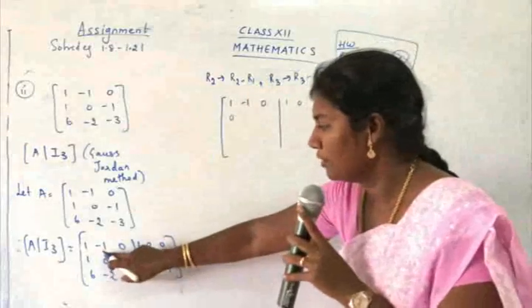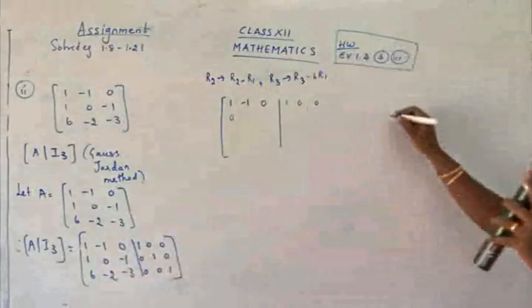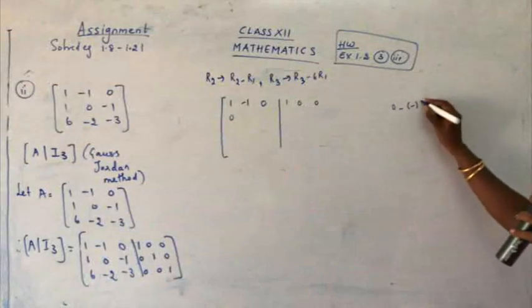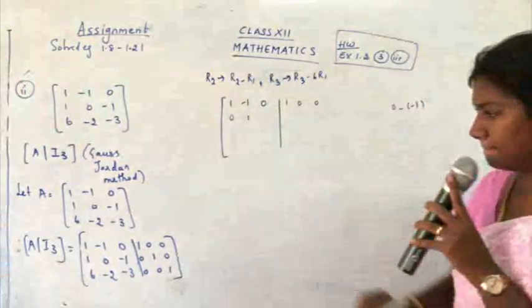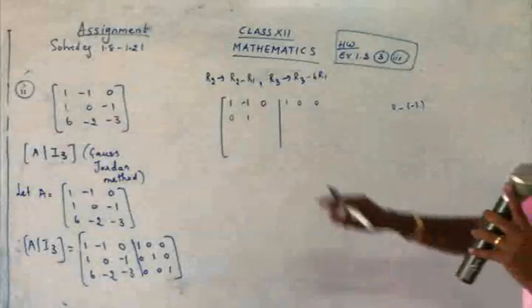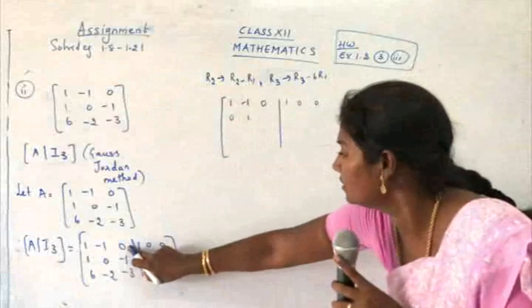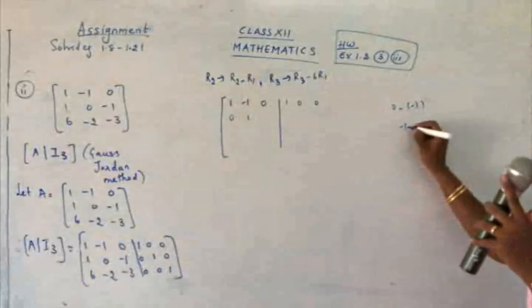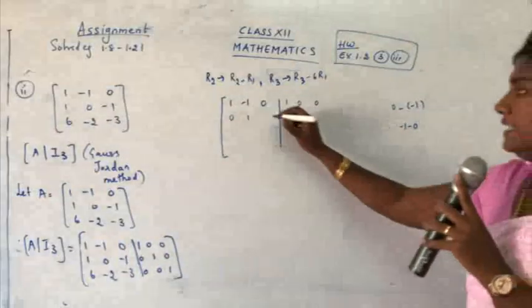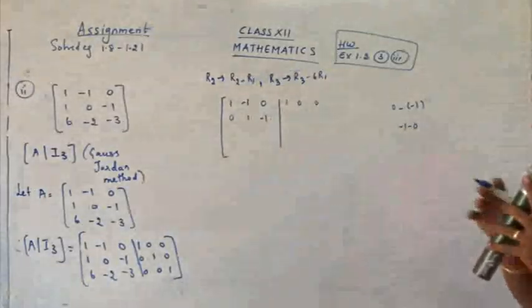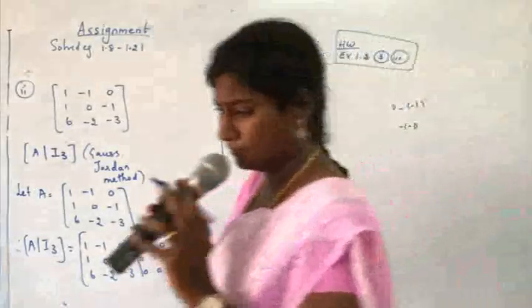So 0 minus of minus 1, 0 minus 1. So what do you get here? Plus 1. Then what's the next thing? R2 minus R1. So here minus 1, corresponding R1 is 0. Minus 1 minus 0 is minus 1. That's all. Similarly, complete the second part of the second row.